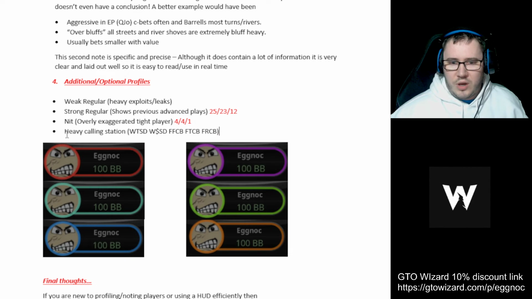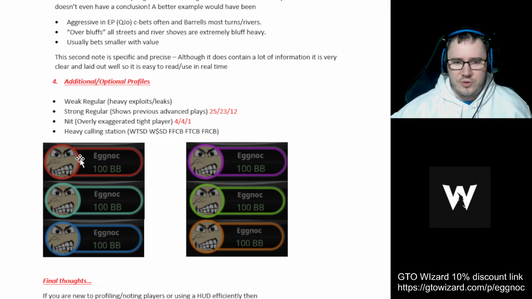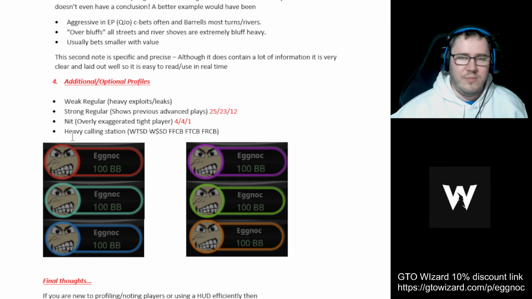So what else we got here? Finally, heavy calling station. I don't actually have my own station tag because you can be an aggressive opponent, a tight opponent, a nit, you can be a recreational and still be a heavy calling station. I might use this as a note here where you can look at how often do they go to showdown, how often do they win at showdown, how often are they folding versus flops, turns and rivers.